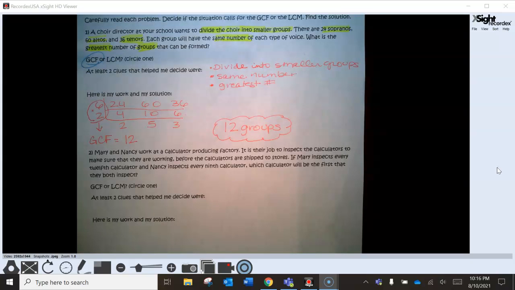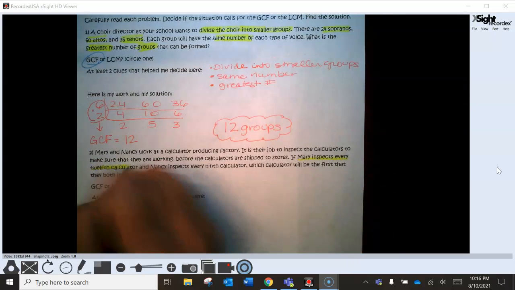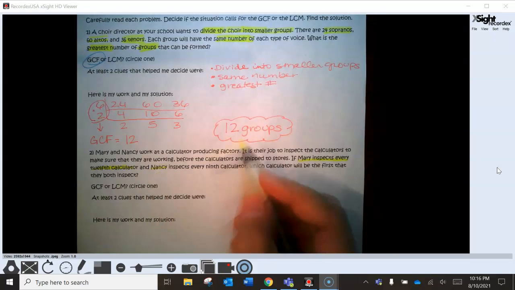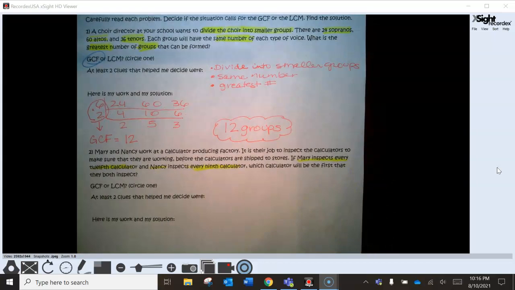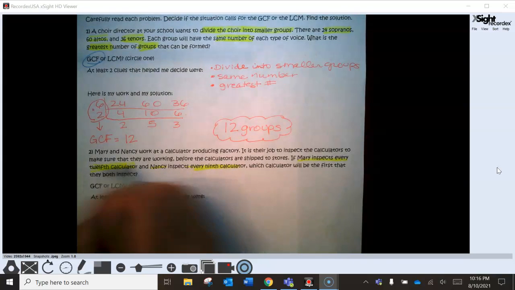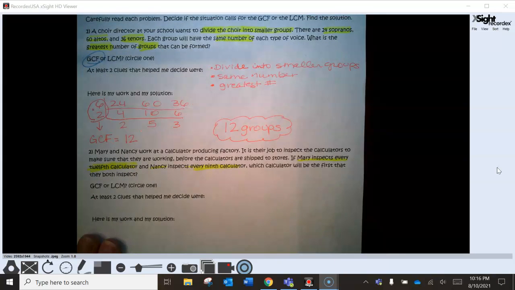All right, so are they both doing the same thing over and over and over? Mary's inspecting every 12th. Nancy is inspecting every 9th. So Mary's going 12 calculators, and then that's the one she is looking at. Nancy, on the other hand, counts 9 calculators, and then on the 9th one she's inspecting that one. The next 9 then is where she will be counting.